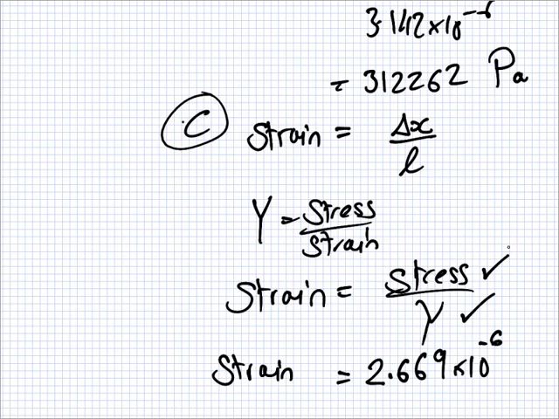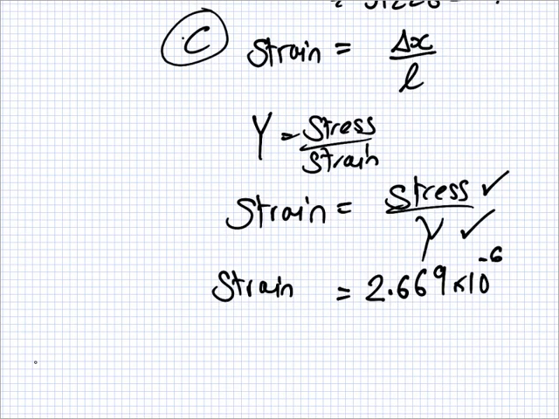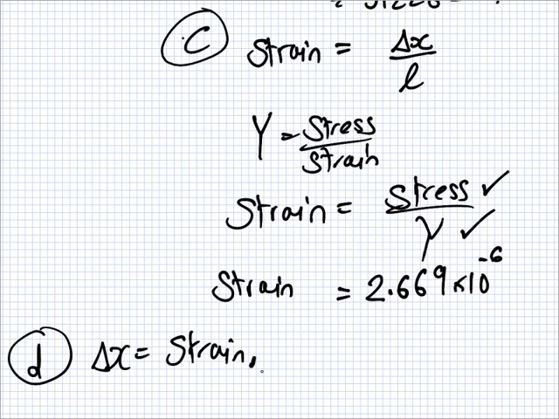When you're ready. How much is the nearest? So what's the delta x then? So we can use the formula delta x equals strain multiply L. Oh, do I tell you the length?